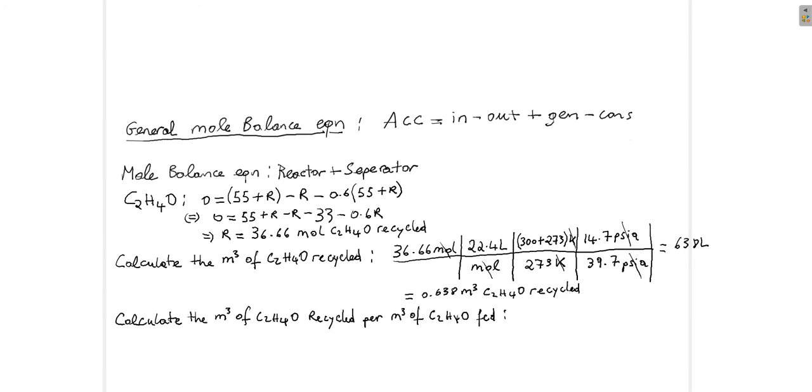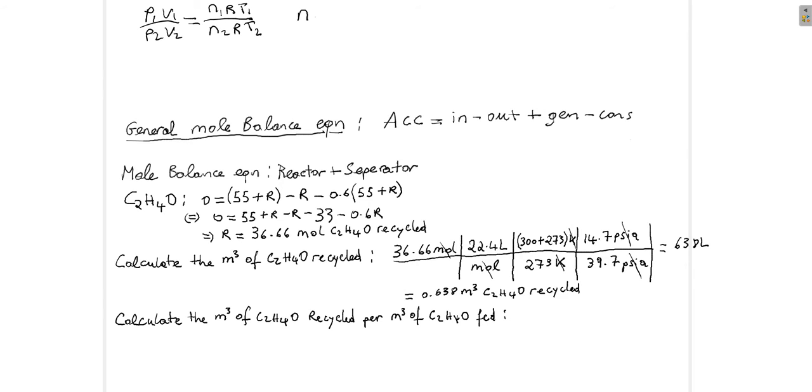Next, using the ratio of the ideal gas law, we can find the number of moles of C2H4O fed. So we have P1 V1 over P2 V2 equals N1 R T1 over N2 R T2, where the subscript 1 represents the standard temperature and pressure, and the subscript 2 the actual conditions.